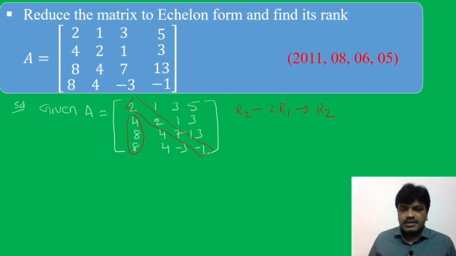It means we are fixing R1 here. Where does the transformation occur, friends? In the second row. Now I want to make this element 0, friends. So R3, tell me the row operation. R3 minus 4R1 in place of R3, friends. The transformation occurs in the third row. Similarly, here also we have 8, so R4 minus 4R1 in place of R4.